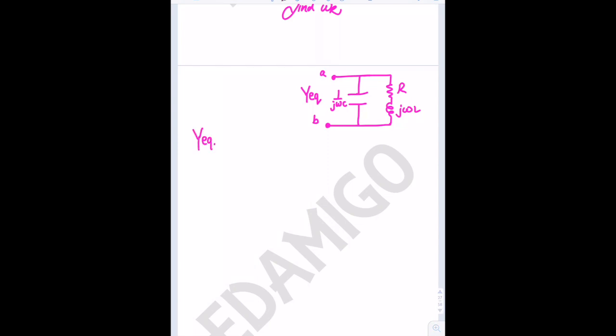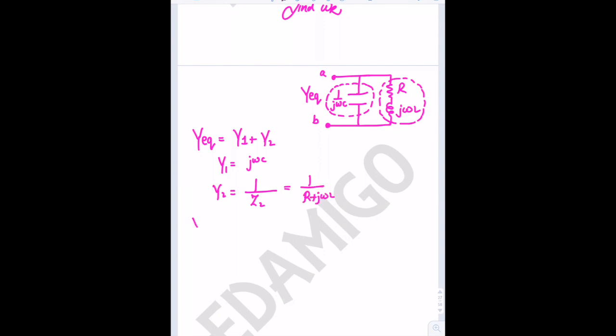So Y equivalent is equal to Y1 plus Y2, where Y1 is the admittance of this capacitance, that is equals to j omega C, and Y2 is the admittance of this series combination, so it is equals to 1 upon impedance, that is 1 upon R plus j omega L. So Y equivalent is equals to j omega C plus 1 upon R plus j omega L.